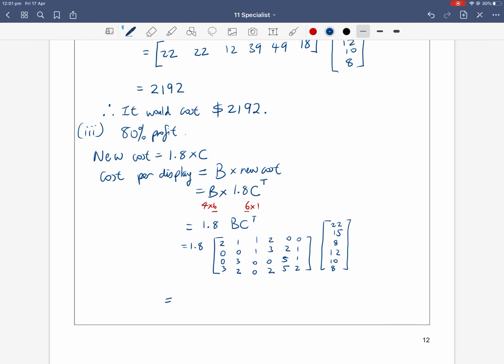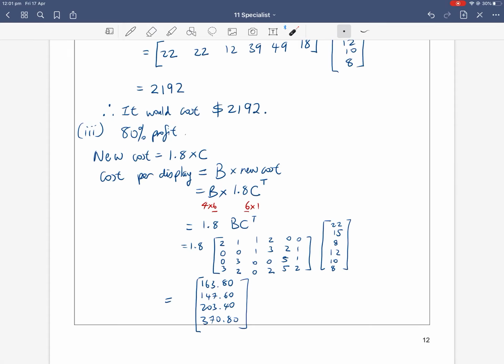So using a graphics calculator, we end up getting 163.80, 147.60, 203.40, and 370.80.